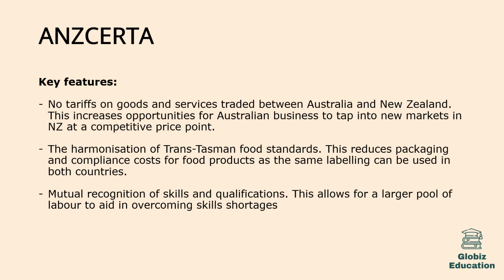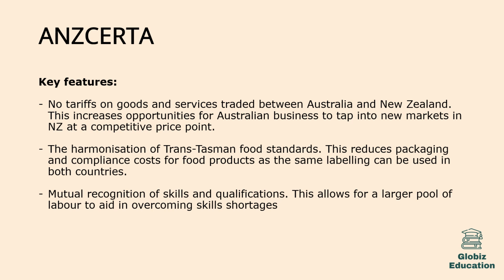The second one is the harmonisation, which means basically to make things the same, of Trans-Tasman food standards. If you don't know, the Tasman Sea separates Australia and New Zealand. That's why it's called Trans-Tasman. So basically if you produce something in Australia, you can be guaranteed that the standards by which you need to test and generate your product are going to be also accepted in New Zealand.